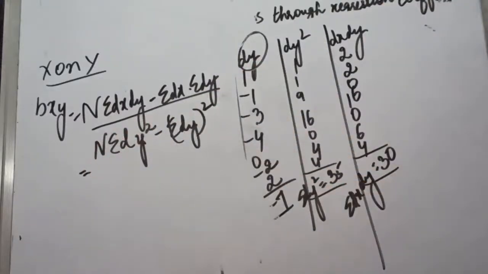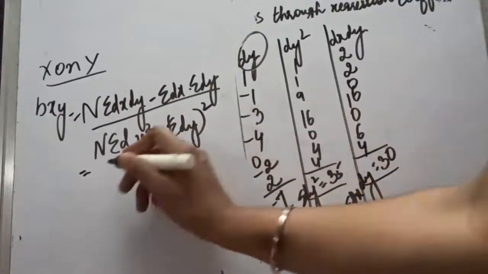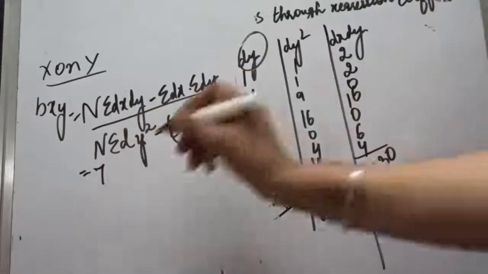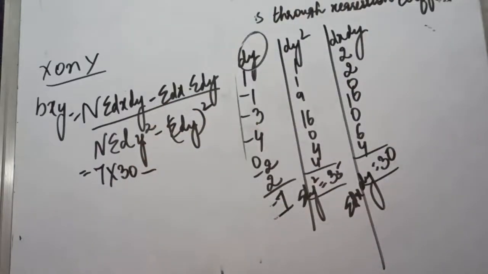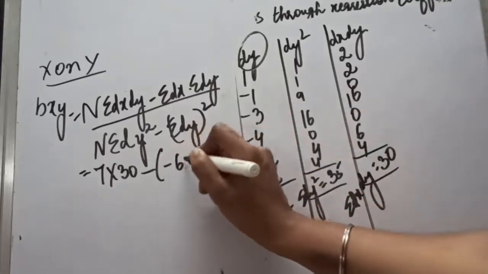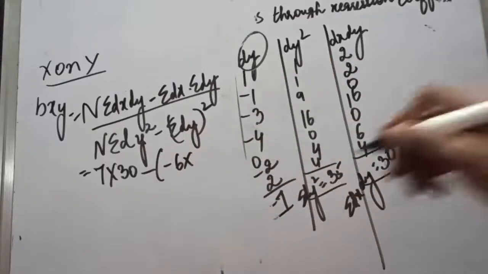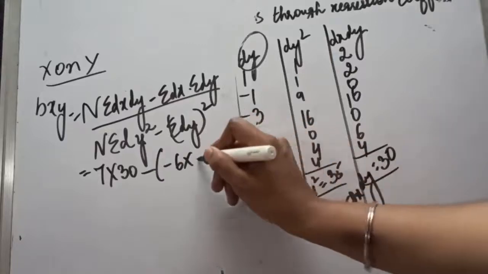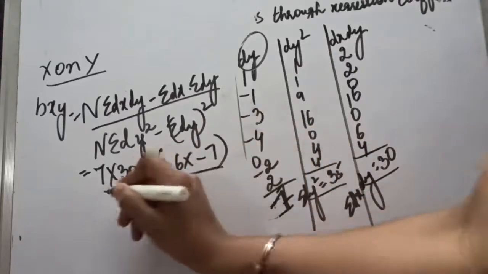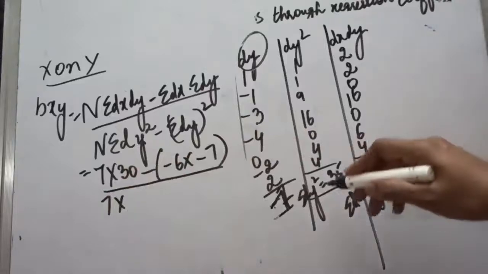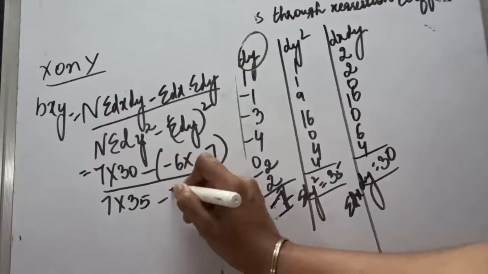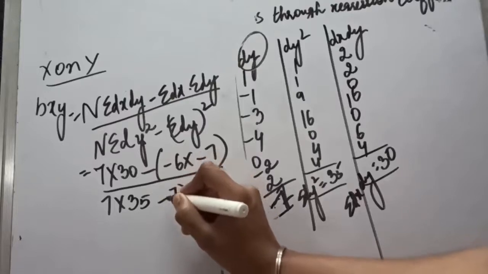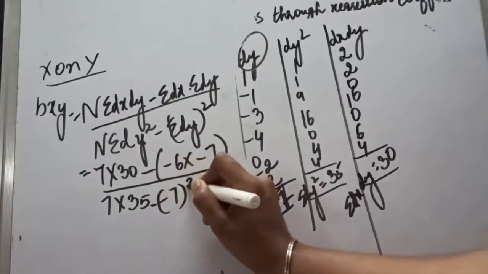The number of observations was 7. Sigma dx dy is 30, minus sigma dx, which we calculated as minus 6, into sigma dy, which is minus 7, whole divided by n into sigma dy square, 35, minus sigma dy whole square. So these are the values.